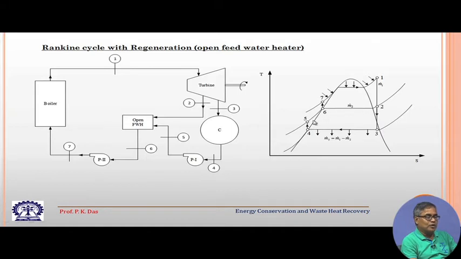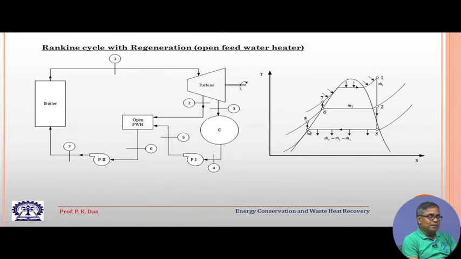This is one important thing: if this has to go to the open feed water heater, then the condensate should also be raised to the same pressure at which we are extracting the steam, otherwise it will not go here. So, this pressure is equal to P2.